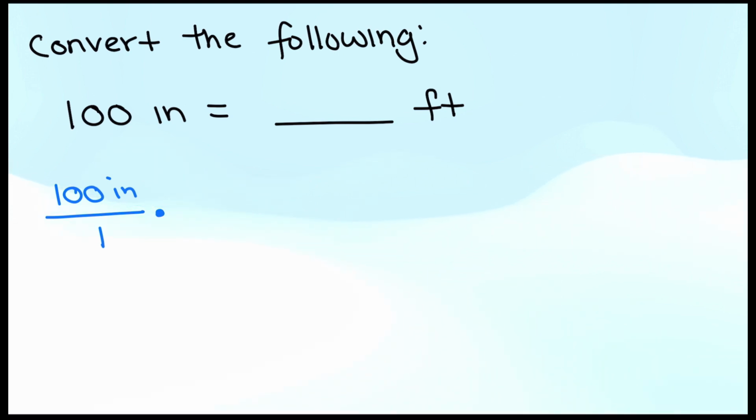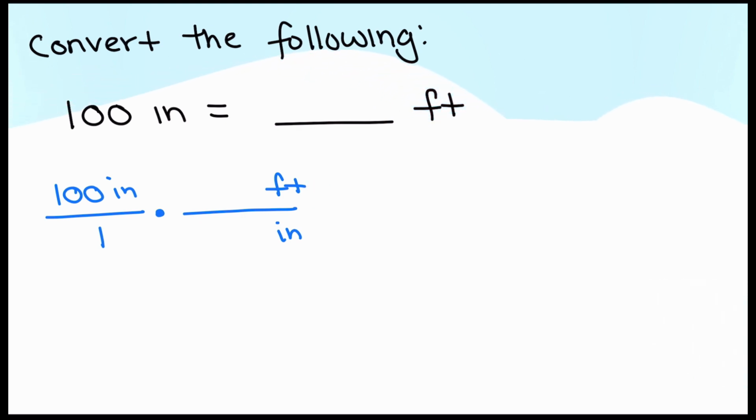In this case, I am trying to convert inches into feet. My conversion factor is 12 inches equals 1 foot. I can write that as a rate. To figure out how to write that, I'm going to look at 100 inches over 1, and I'm going to write that conversion factor so that the inches are on the bottom and the feet are on the top.